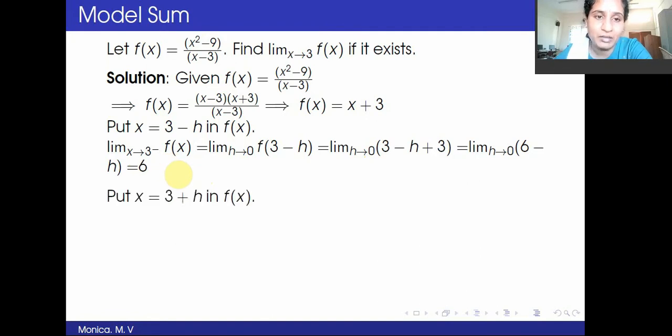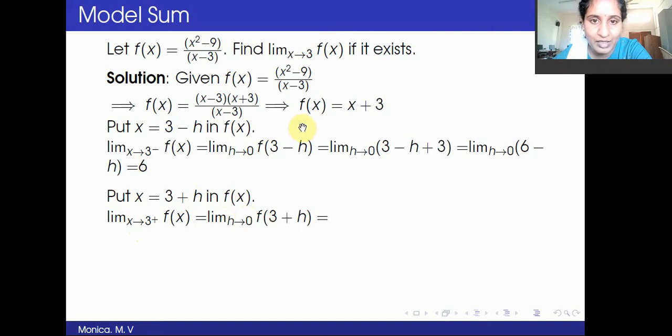Similarly, for the right hand limit, the point I am given is 3, so put x equal to 3 plus h in f of x. So the right hand limit, limit x tending to 3 plus of f of x, is equal to limit h tending to 0 of f of 3 plus h, where x is replaced as 3 plus h.